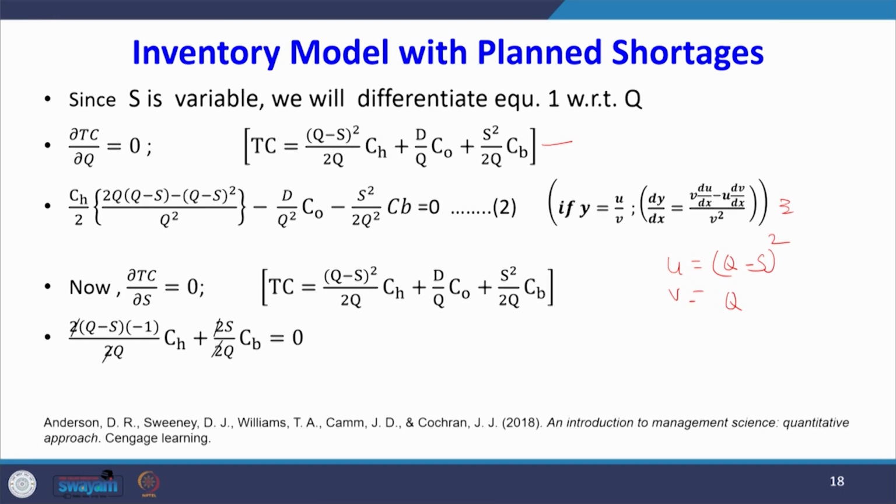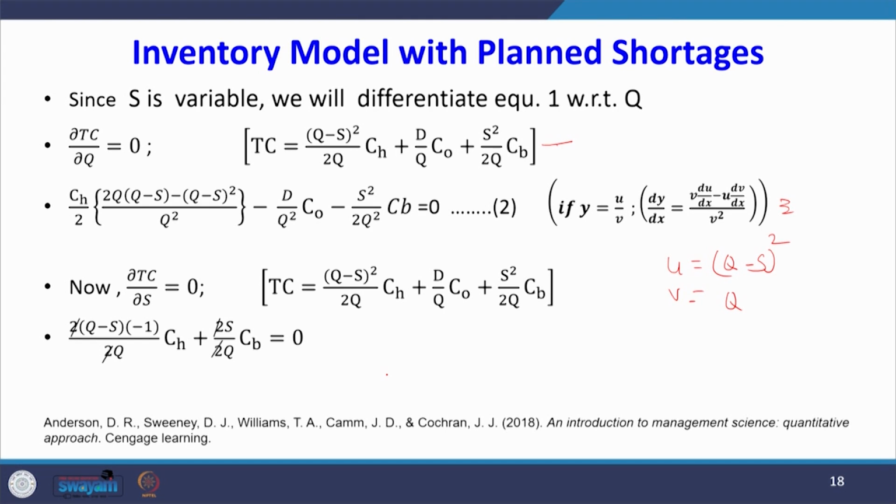Now, the same expression I will differentiate partially with respect to S. When I differentiate this one, we get 2 Q minus S minus 1 by 2Q CH. There is no term here, so this will be 0, plus 2 S CB divided by 2Q equal to 0.